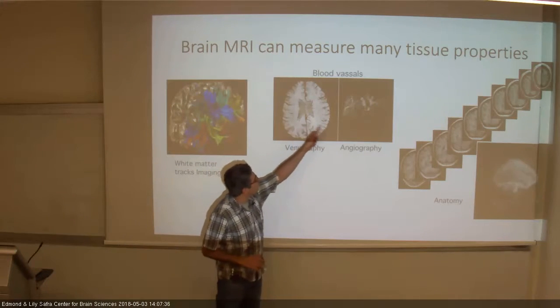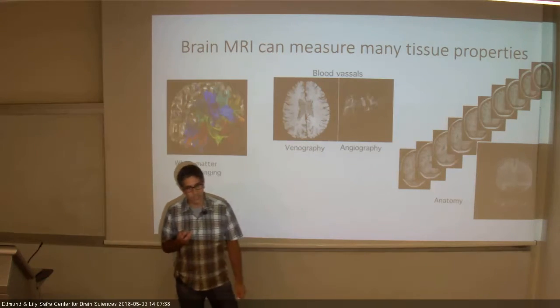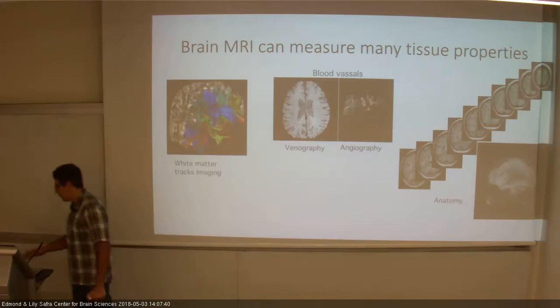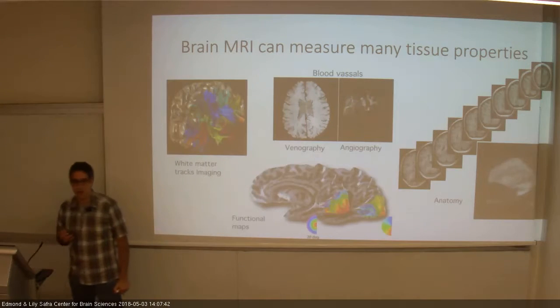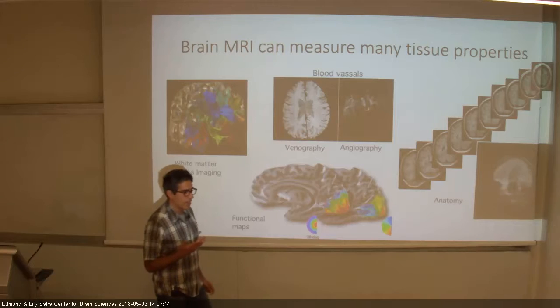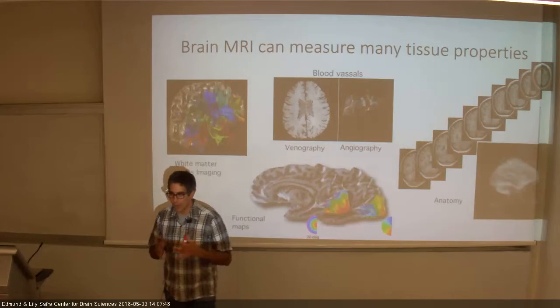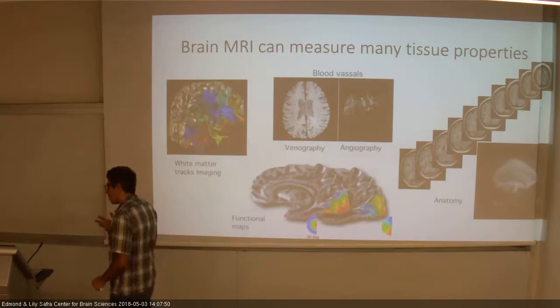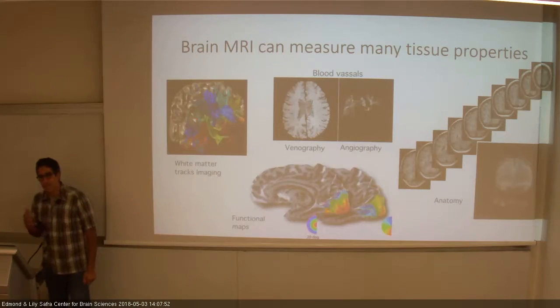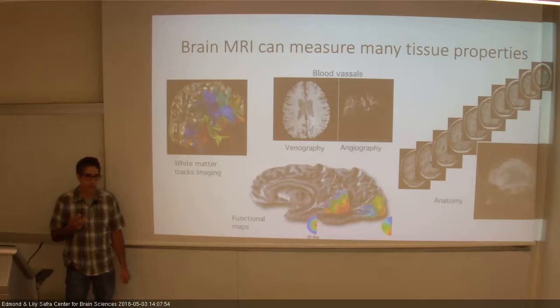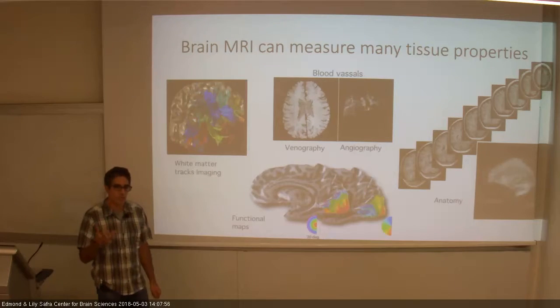Another contrast will allow us to look at blood vessels in the brain, and another method would allow us to map function, so fMRI. And there are more. The idea is that there are many types of MRI, which can allow us to measure different types of information.